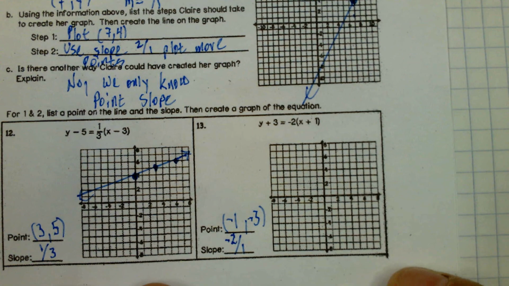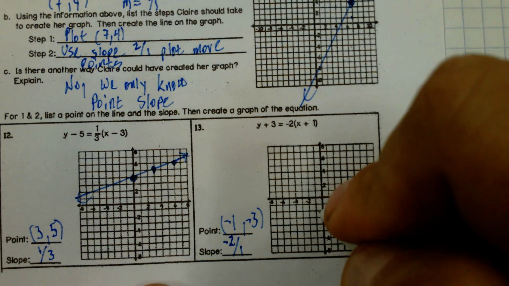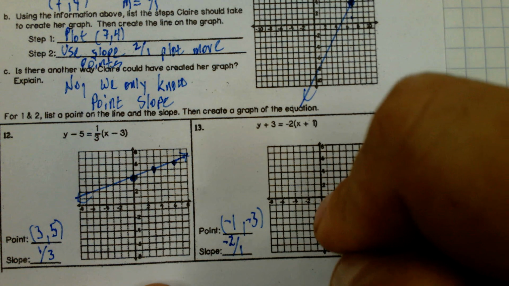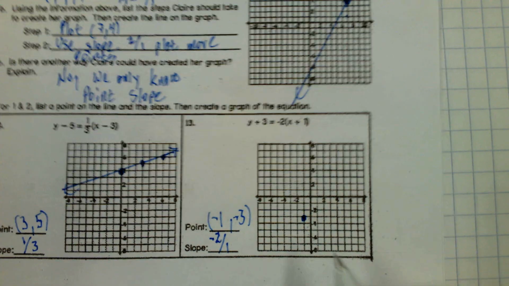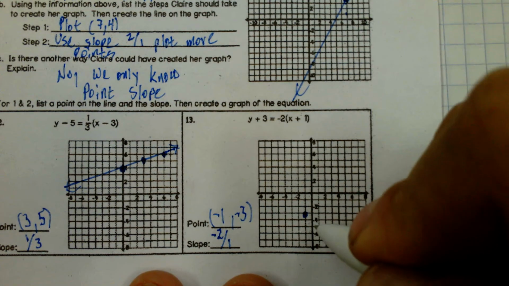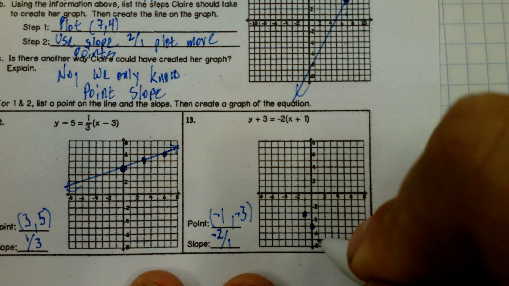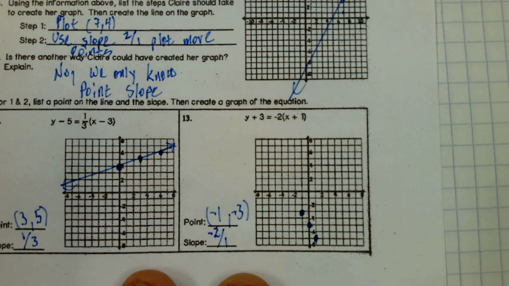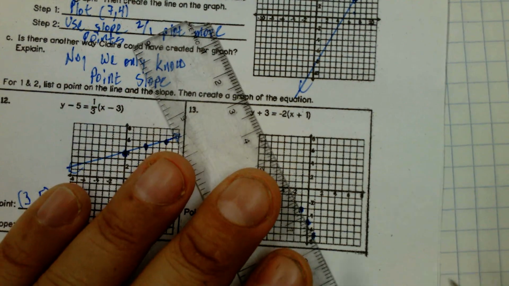Down 2, to the right 1. So let's find negative 1, negative 3. Negative 1, 1, 2, 3, right there. Then the slope is telling me to go down 2 and to the right 1. So there's 3 points. Enough to tell me the line goes like this.